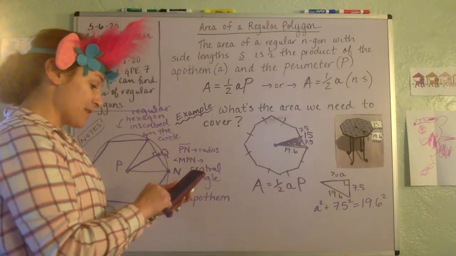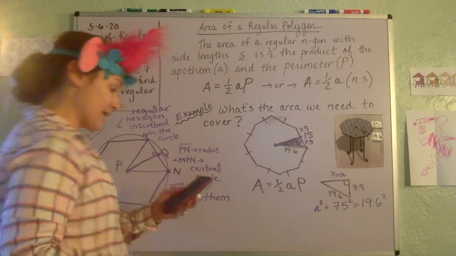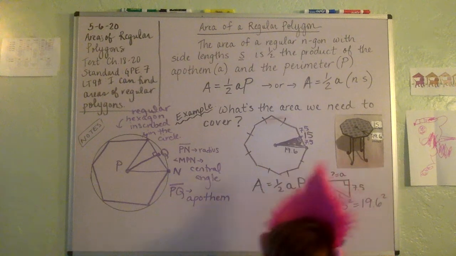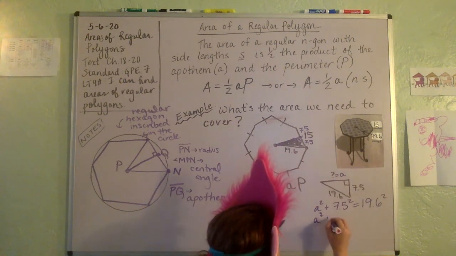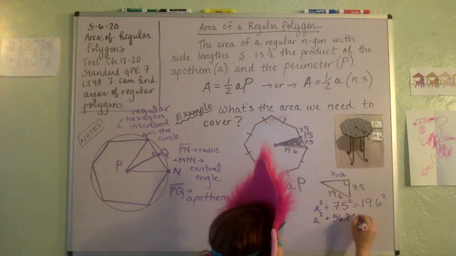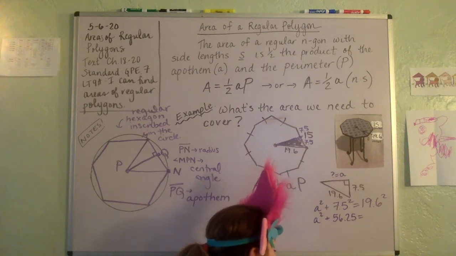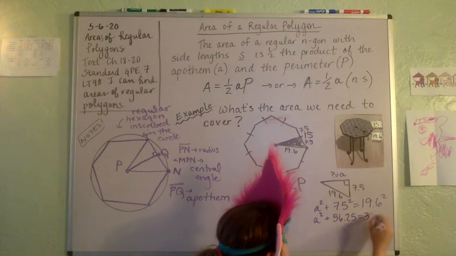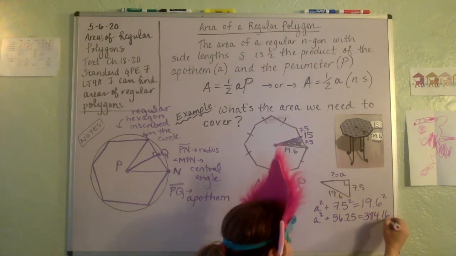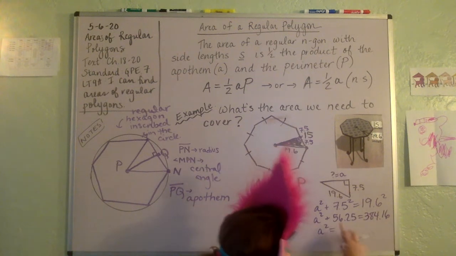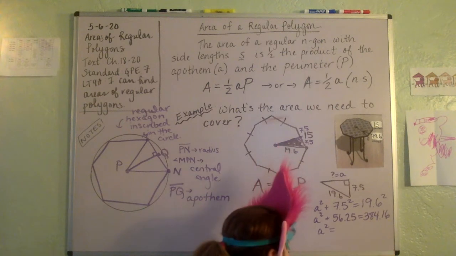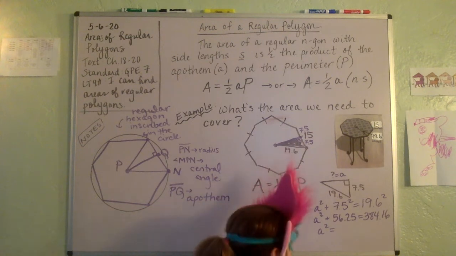So let's see, we have 7.5 squared, and I think you'll get 56.25, okay? And then 19.6 squared, I got 384.16, okay? We'll then go ahead and subtract the 56.25, so we have the 384.16, and we're going to subtract from it the 56.25.